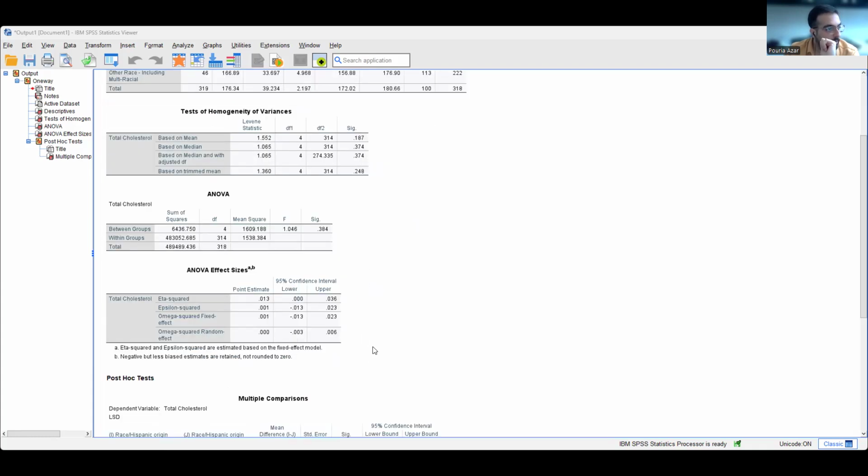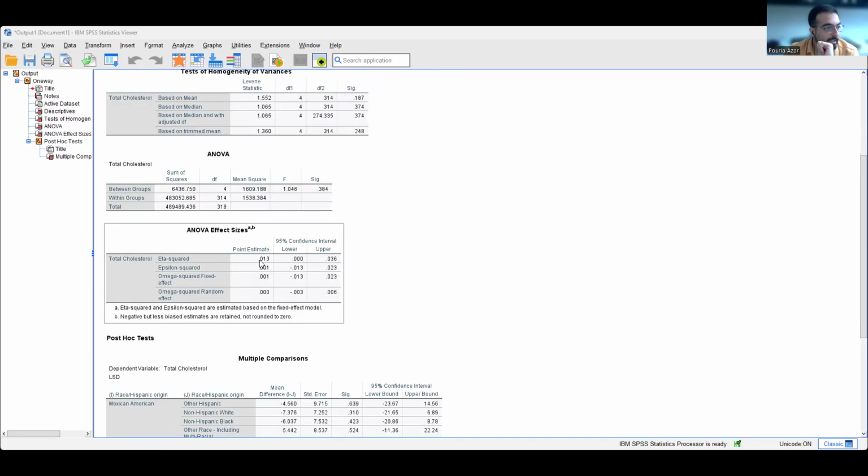For the ANOVA, that's the table I will look at. The F-test statistic is 1.046. The p-value is 0.384, which is not significant. That's way above 0.05.